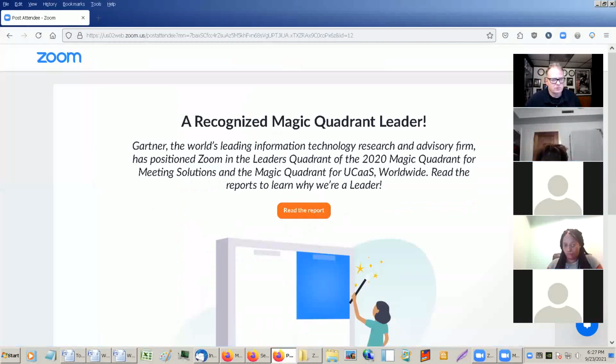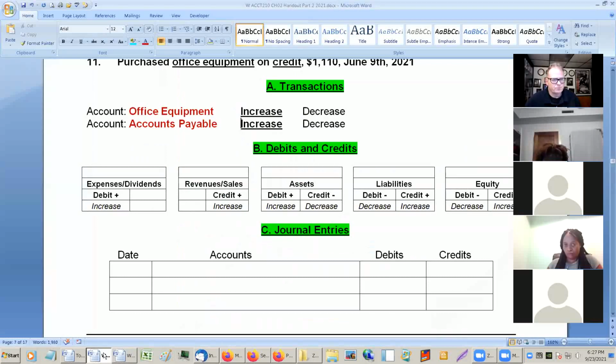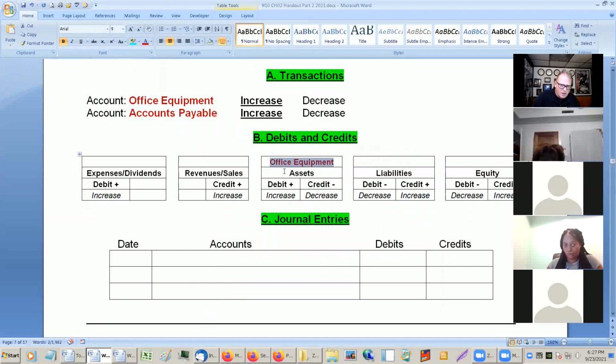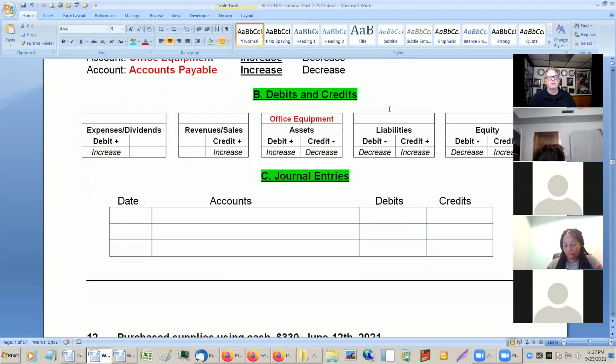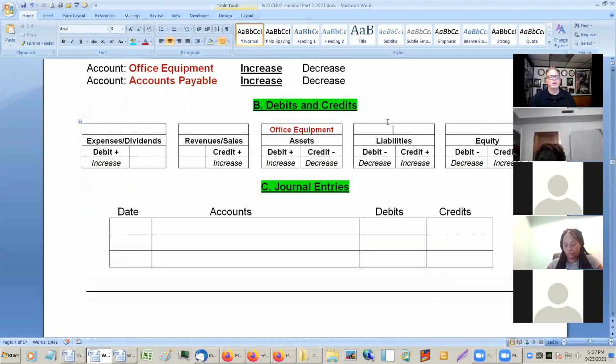Okay, so office equipment will be here. Again, if you use book equipment, it's fine. I'll put both of them. We'll work out the debits and credits after here. So office equipment and accounts payable.